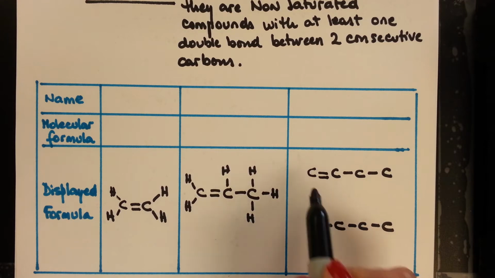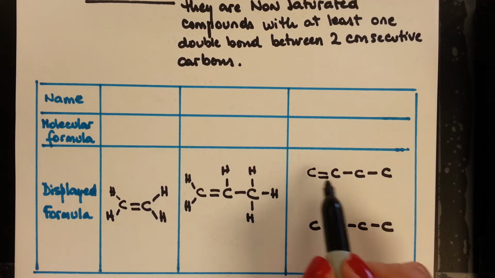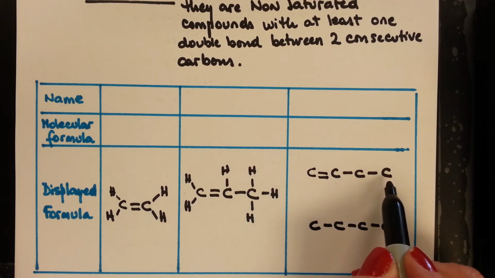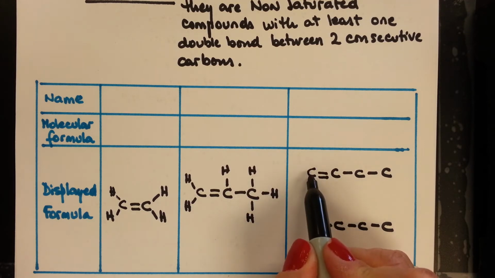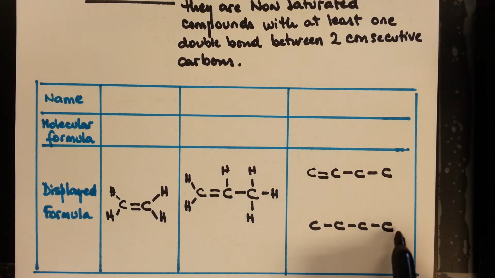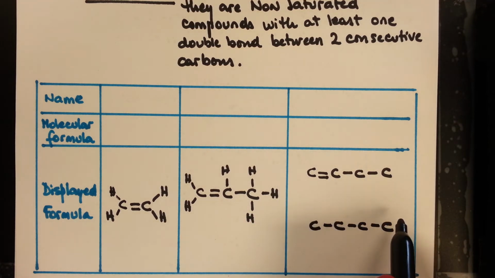I'm going to begin counting from the closest carbon to the double bond. So this is going to be carbon 1, 2, 3, and 4. If I put it here, it's the same as this one because I should begin counting from the closest carbon to the double bond. So it's going to be 1, 2, 3, 4 again. So it's going to be exactly the same compound that we have here.